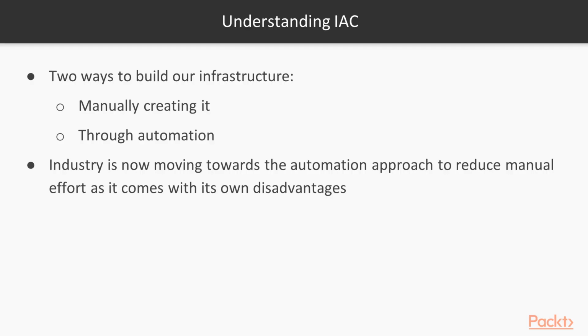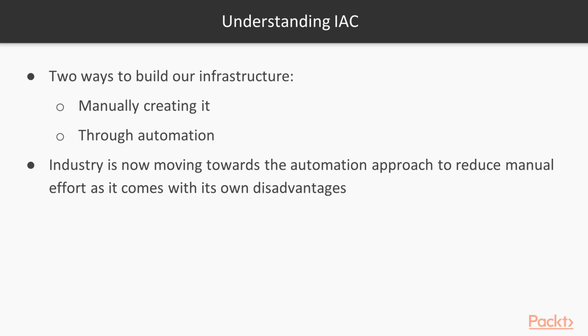So generally, whenever you develop an infrastructure, there are two ways in which you can build it. One is by manually creating the infrastructure. So you go to the AWS console, you manually click each and every section like instance type, security group, IAM roles, etc. And then you create the infrastructure. And second is through automation. So automation is where you write a simple script.